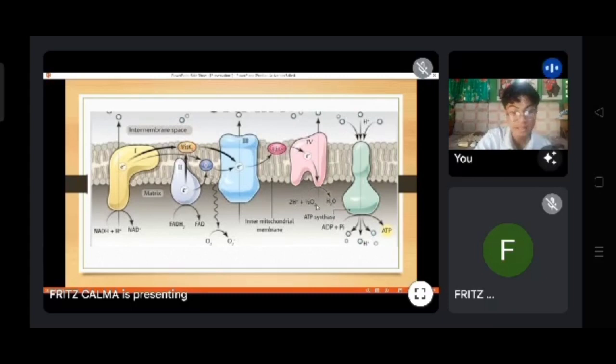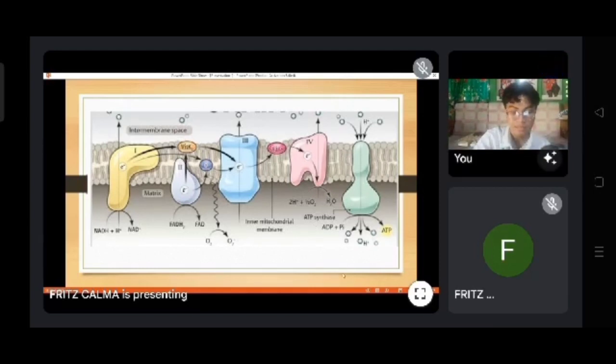At kung paulit-ulit na nangyayari yon, magkakaroon tayo ng electrochemical gradient dito sa ating intermembrane space, meaning there is a high concentration of hydrogen ions dito sa intermembrane space po natin.